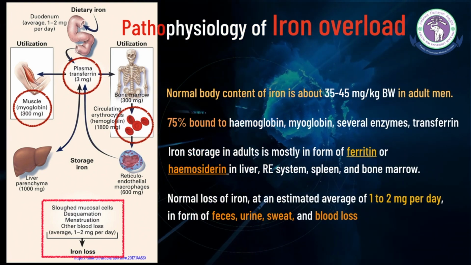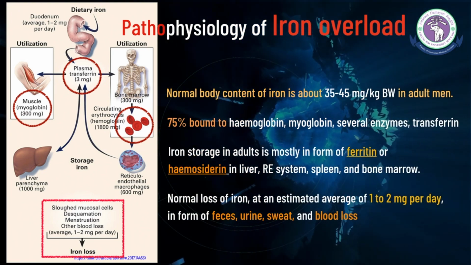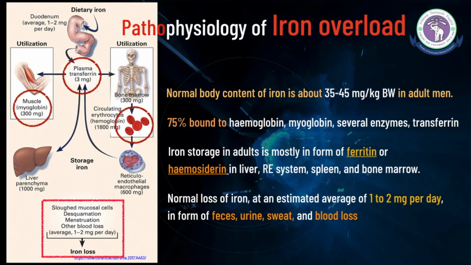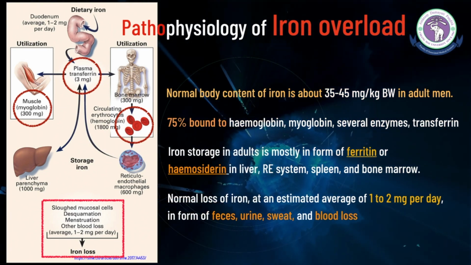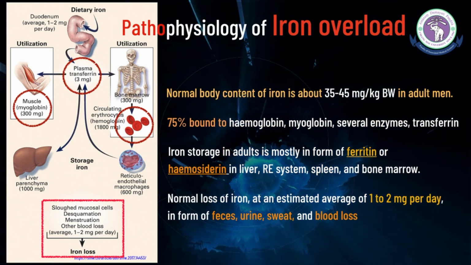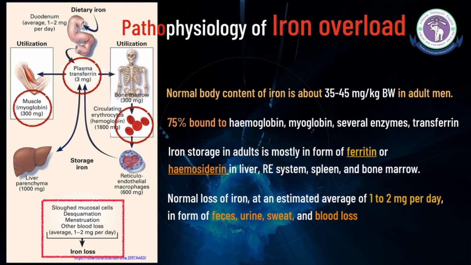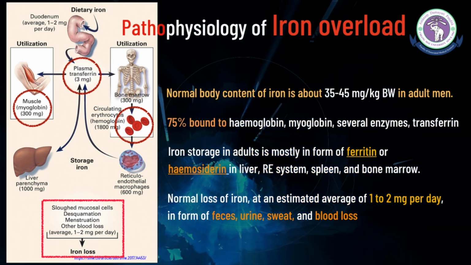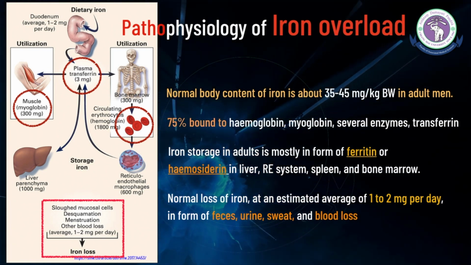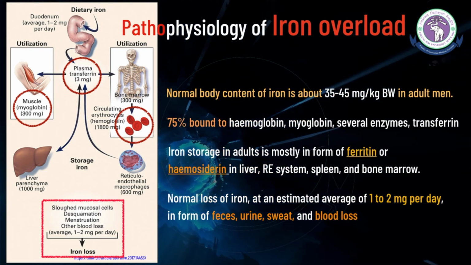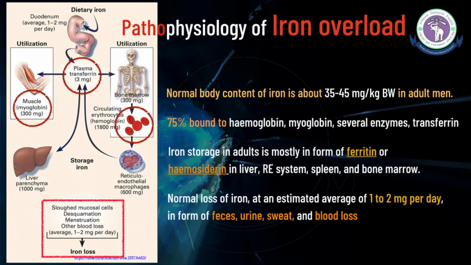In transfusion-dependent patients who need regular blood transfusion, iron overload can occur, since 1 unit of red blood cells contains approximately 250 mg of iron, and there is no physiologic means to excrete excess iron.